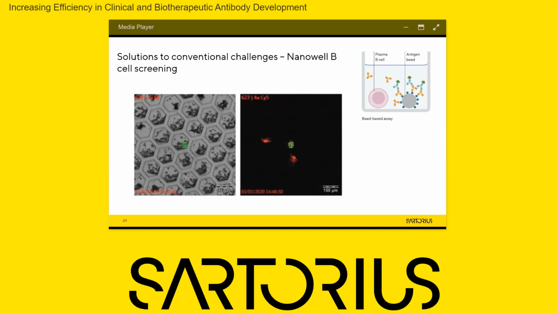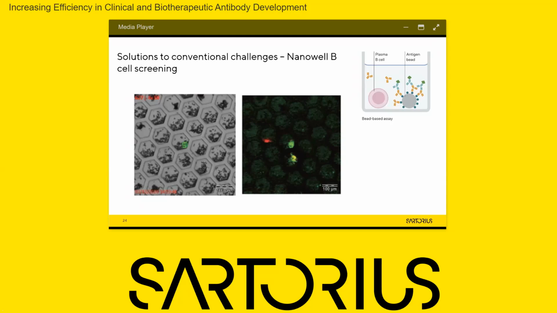This next image is in green, and this is Alexa Fluor 488 conjugated streptavidin, which will bind to the EGFR specific antibodies. So where we see a green signal, those are the nanowells where we have antibodies being produced by the B cells, but they also bind to EGFR.